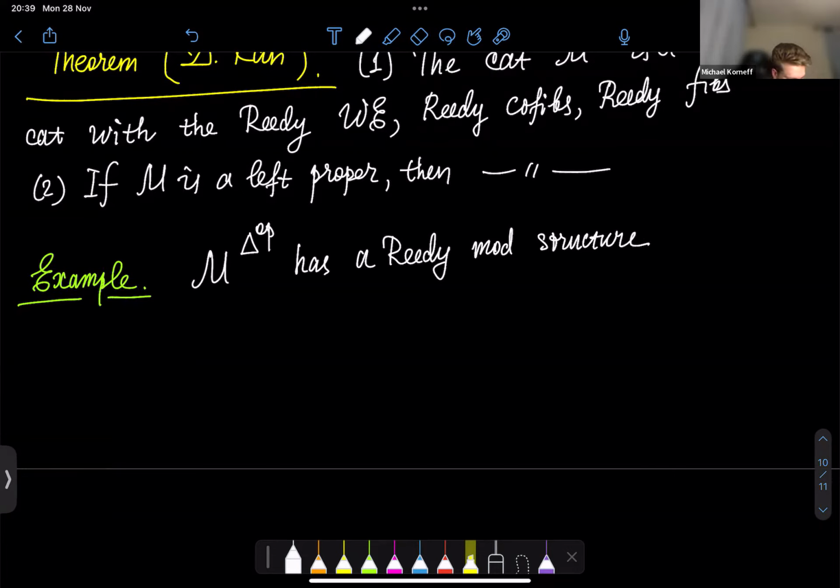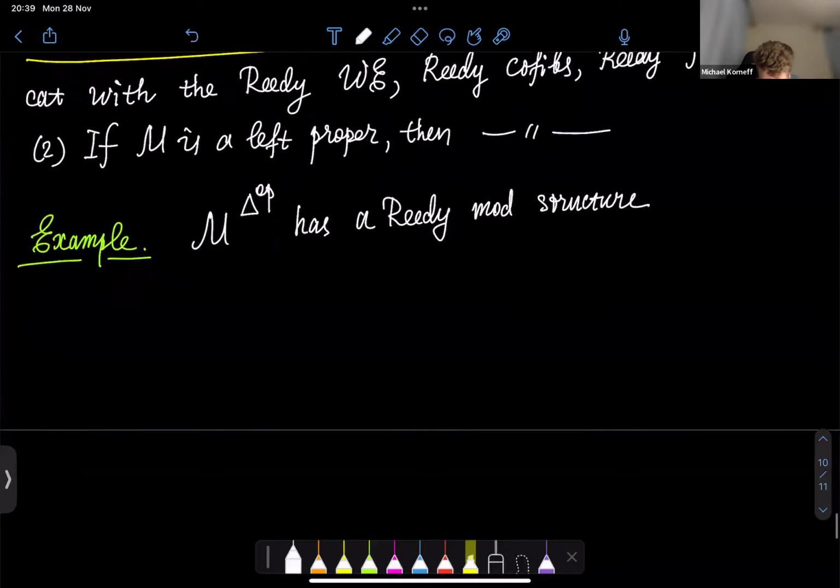Okay, to prove this theorem, one should find those maps that are acyclic cofibrations and acyclic fibrations. We should find some characterization. And for doing that, we need the following lemma.